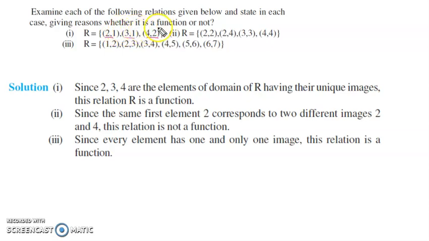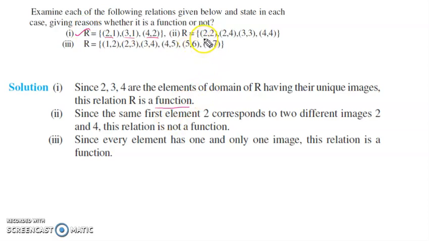Leave the range aside, because it can be the same; it doesn't matter. But each element in the first component should be distinct. So 2, 3, 4 in the domain of R have unique images, and this relation is termed a function.